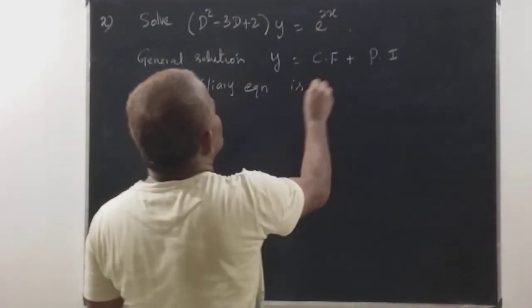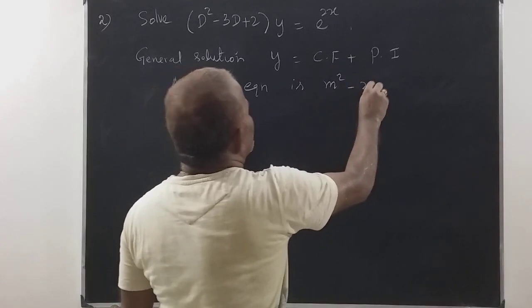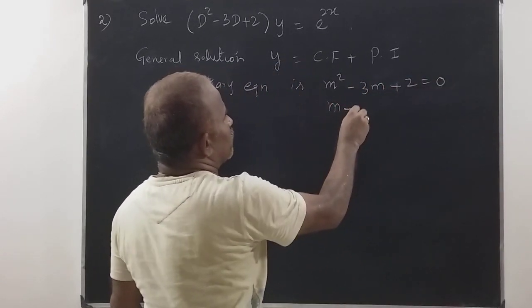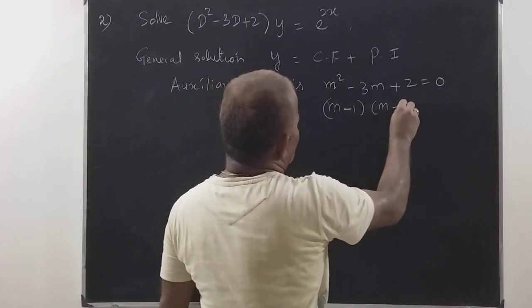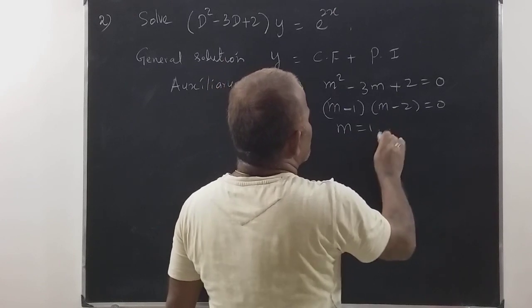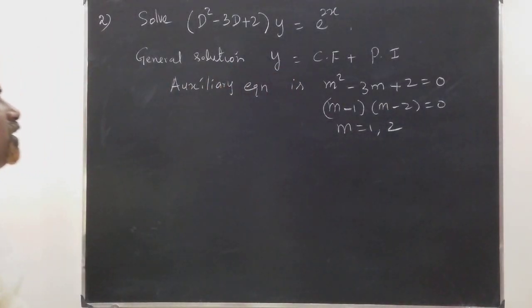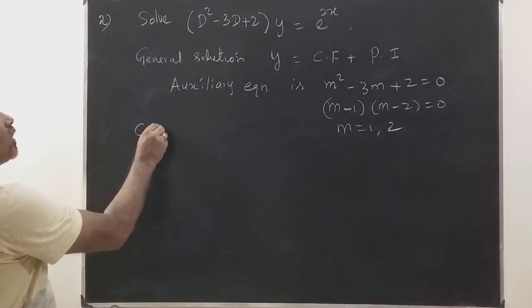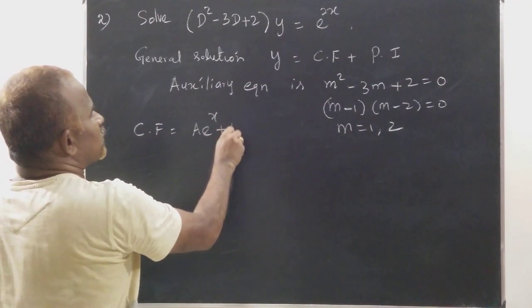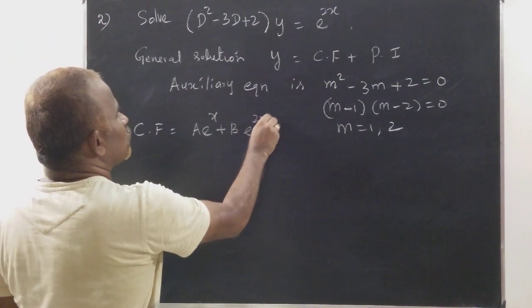The auxiliary equation is m square minus 3m plus 2 is equal to 0. Therefore m minus 1 into m minus 2 is equal to 0. Therefore m is equal to 1 or 2. So the complementary function is equal to a into e power x plus b into e power 2x.